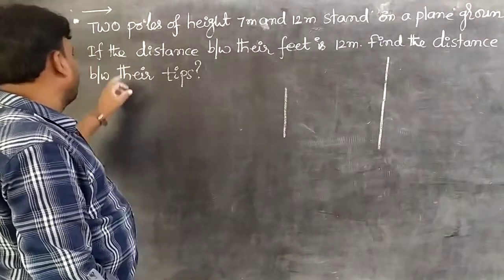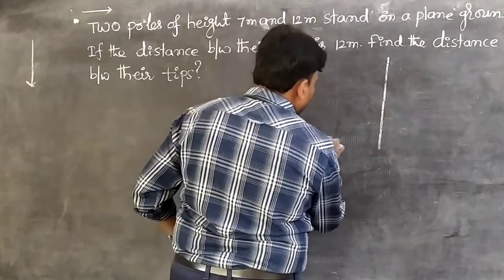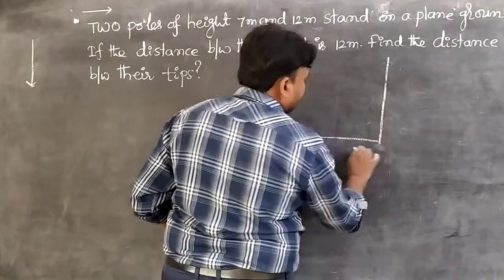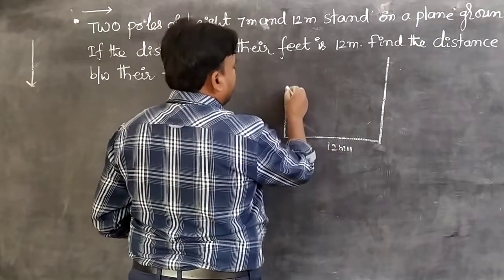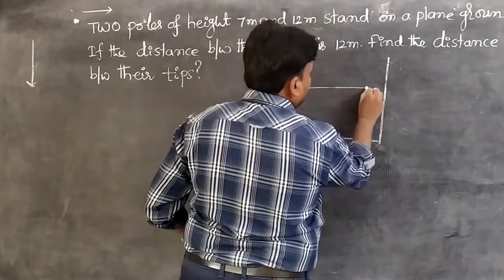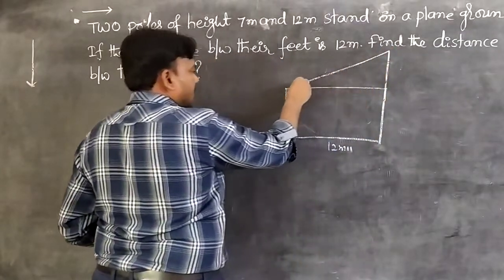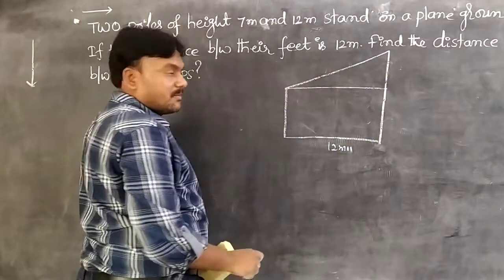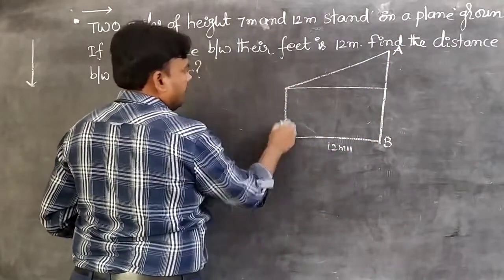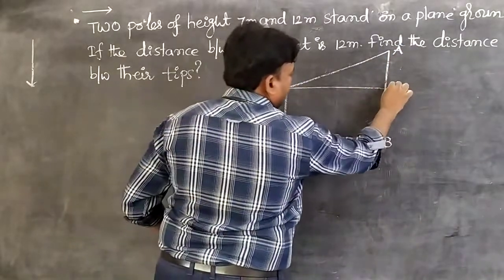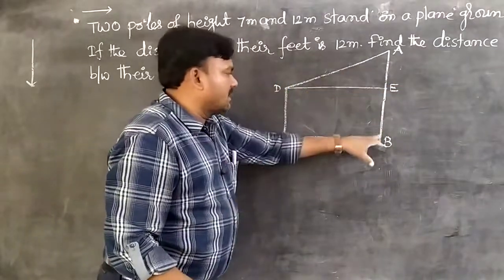Next, it is also given that the distance between their feet is, here, how much? 12 meters. Okay, here join them like this. Give the names A, B, C, D and also E. So here CD is the small pole and AB is the big pole.